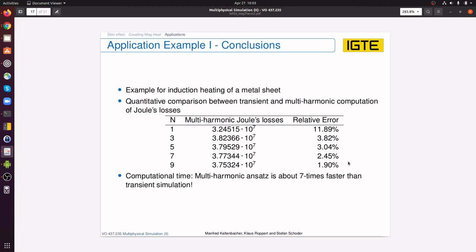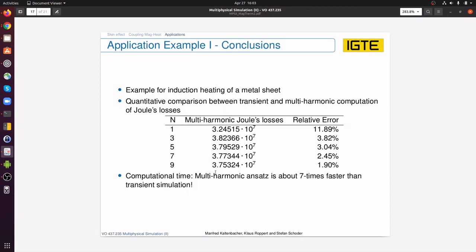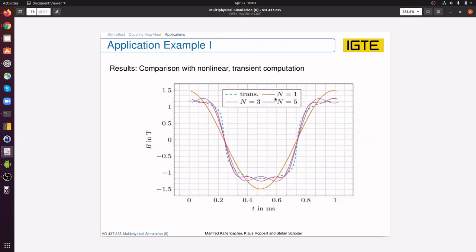From a theoretical point of view, I would not say that this is a nice solution. It works for maybe an industrial application, because it is still faster than the transient simulation that I've carried out. The error is decreasing, but we are not resolving the B field adequately, because these oscillations are not very nice.